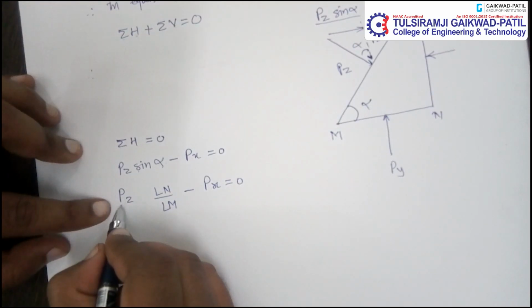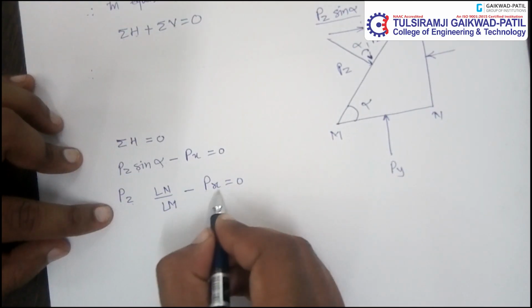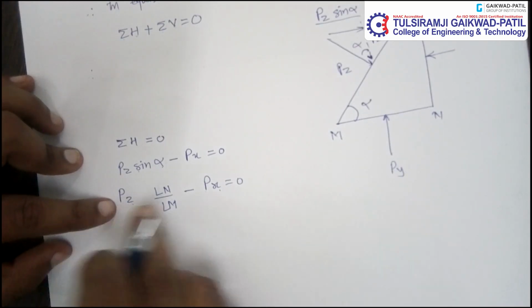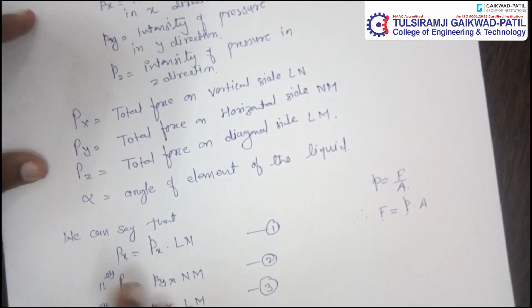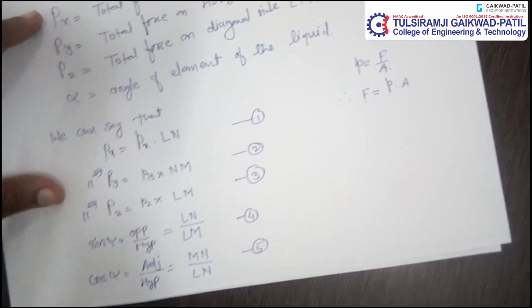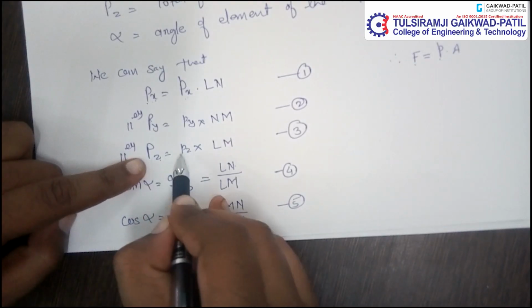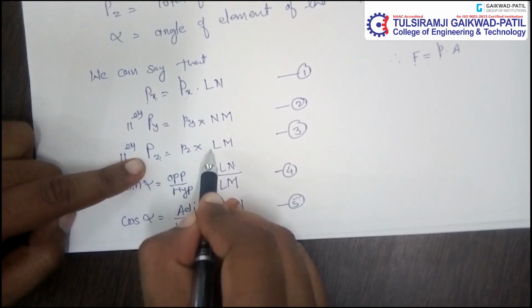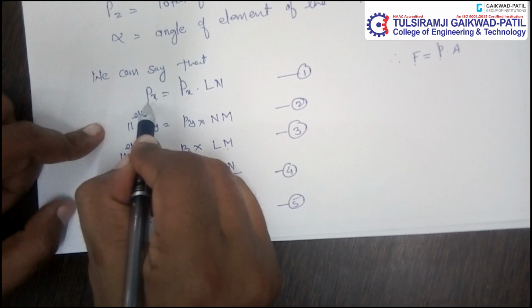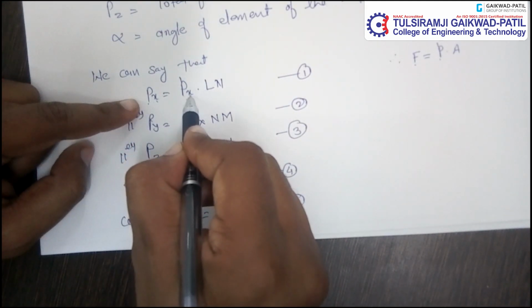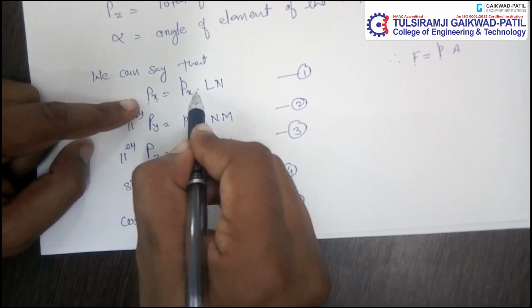But this is total pressure force. Again, this is total pressure force. So total pressure force of Pz and Px is different here. See, the total pressure force Pz is equals to what? Small pz into LM, and total pressure force in x direction Px is equals to intensity of the small pressure, small px into LN.